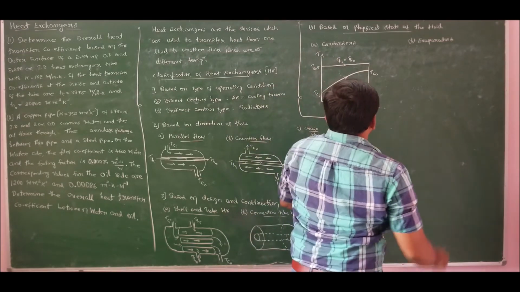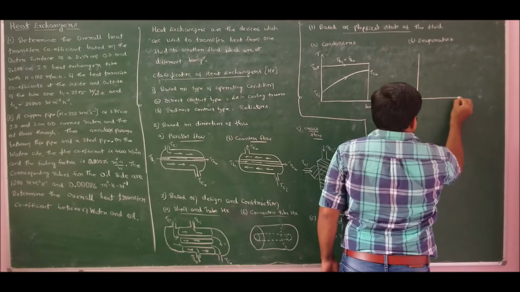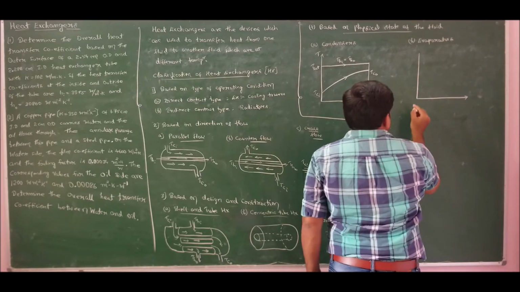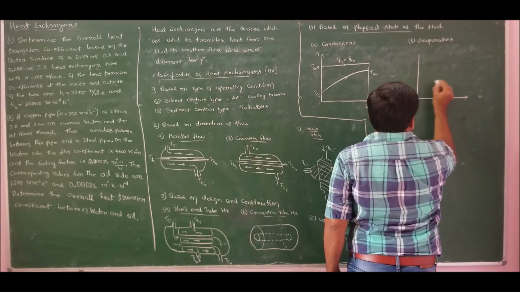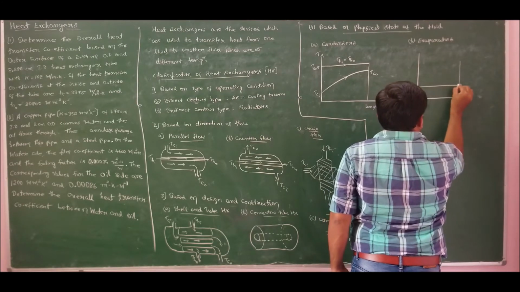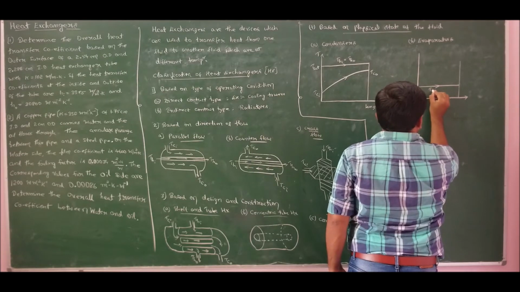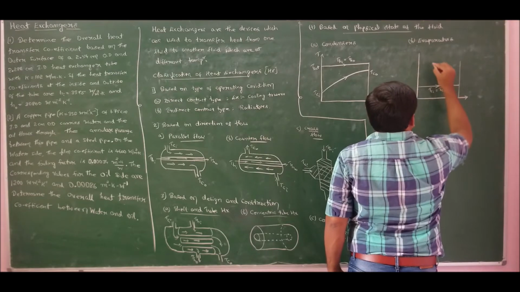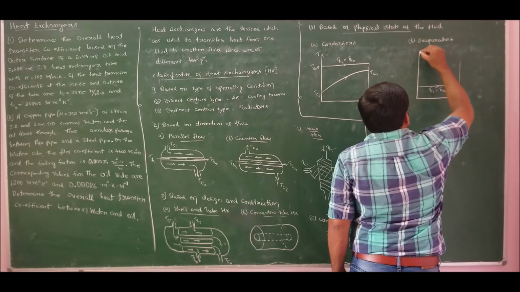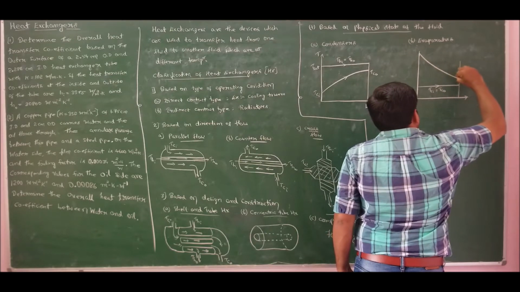So contrary to that, in case of evaporators, the boiling of the fluid happens in the evaporator. Therefore, the cold fluid changes its phase from liquid to vapor at constant temperature, that is Tci is equal to Tco, whereas over the length of the heat exchanger, the hot fluid temperature will keep on decreasing gradually.